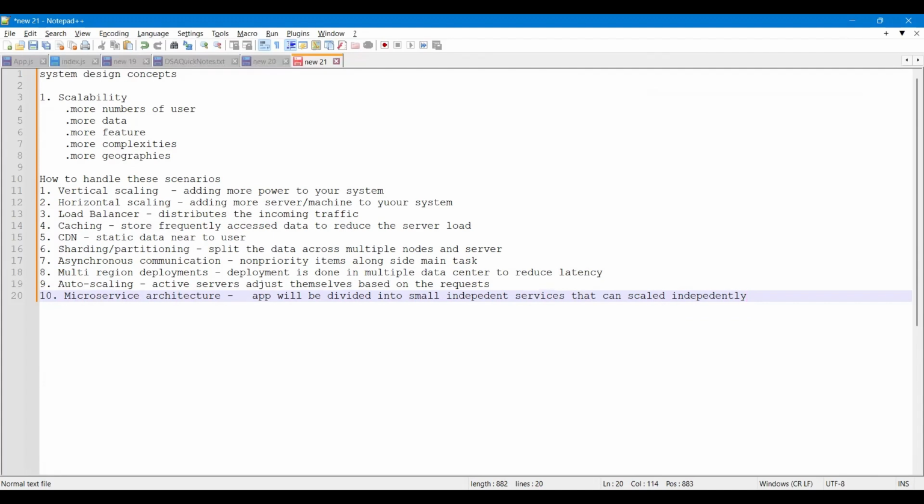Suppose in a sales time, checkout will have a lot of burden. But what will happen if the user is not doing the payment? So the checkout team has to scale their system up, but the payments team does not have to, because people are not converting their checkout items to payment. It's a hypothetical scenario, and I guess it's wrong also.